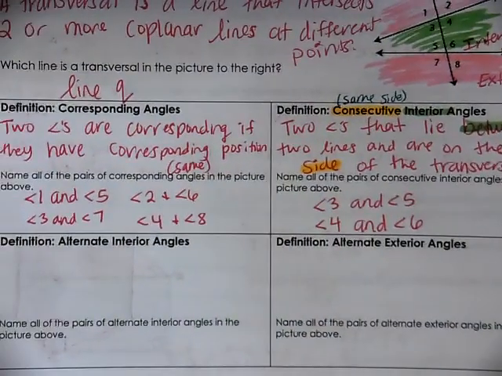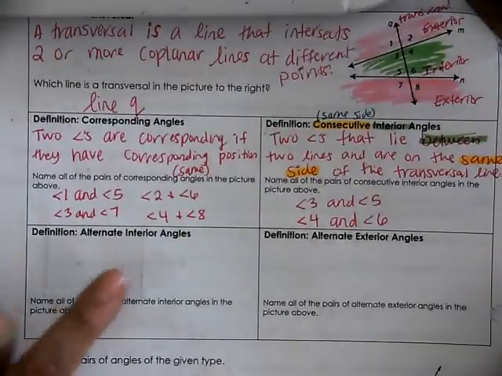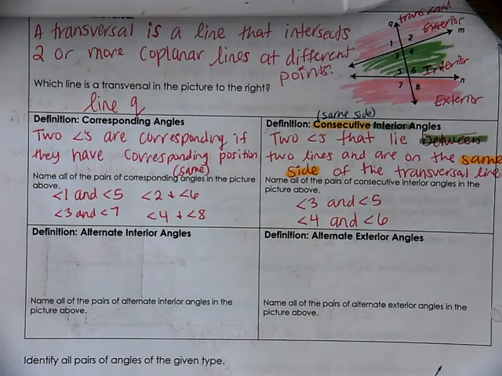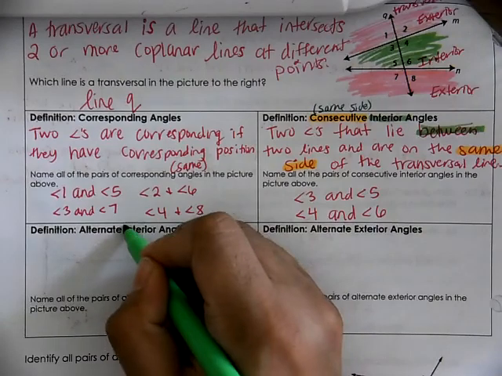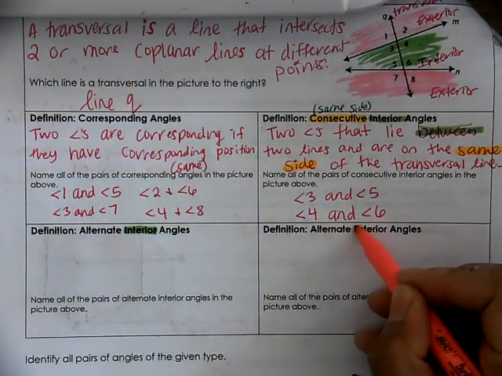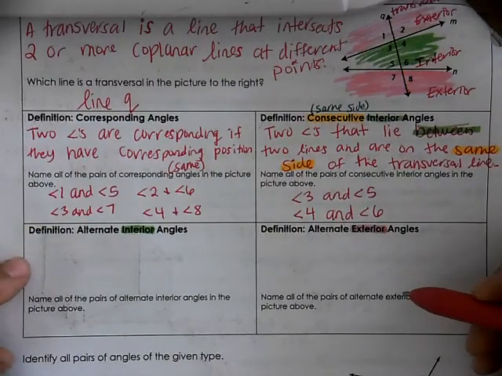Okay, and then we're going on to the last 2 here. So we have alternate interior angles and alternate exterior angles. They sound very similar to each other. I'm going to highlight the green for interior because that's what we shaded above, and then this pink one for exterior. It's okay if your colors are different or if you didn't highlight, that's fine. Just keep going along.